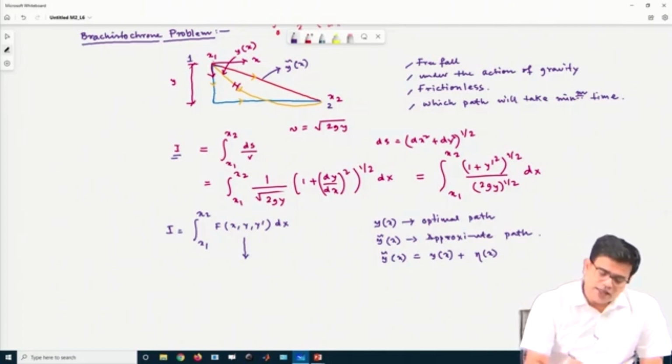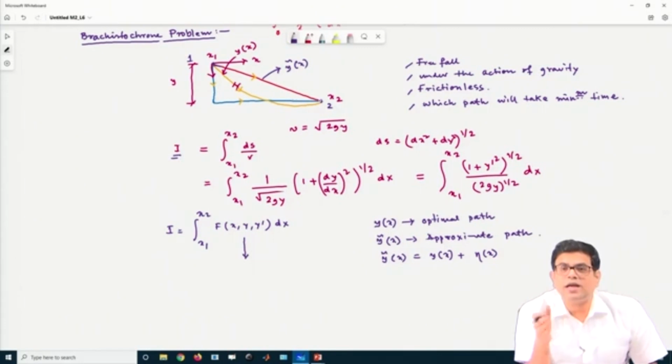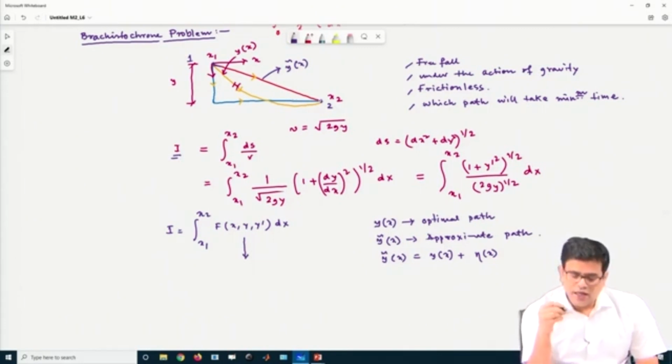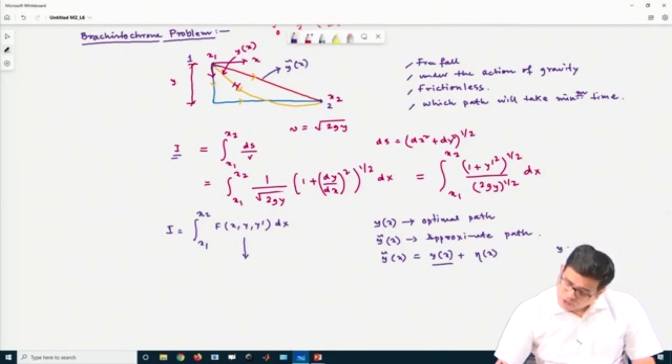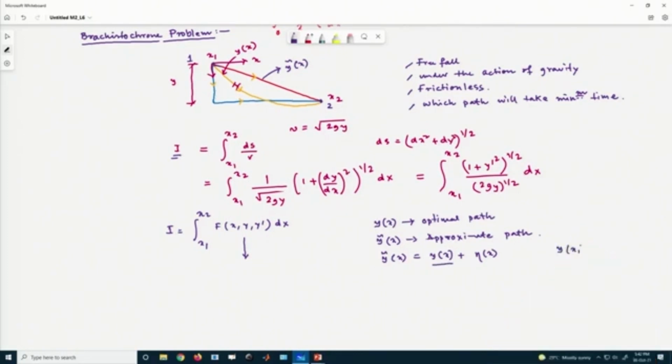The condition here is that the body or the particle must start from here and must reach here. So that is my condition. Naturally, at these two positions we know the values of y: y at x1, suppose this is y1, and y at x2, which is y2.